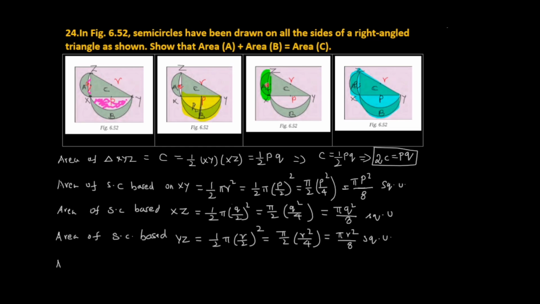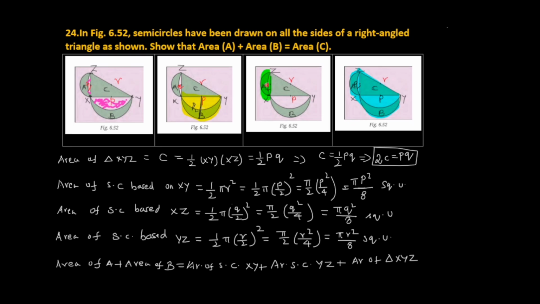So area of A plus area of B is equal to area of semicircle based on XY plus area of semicircle based on XZ plus area of triangle XYZ.